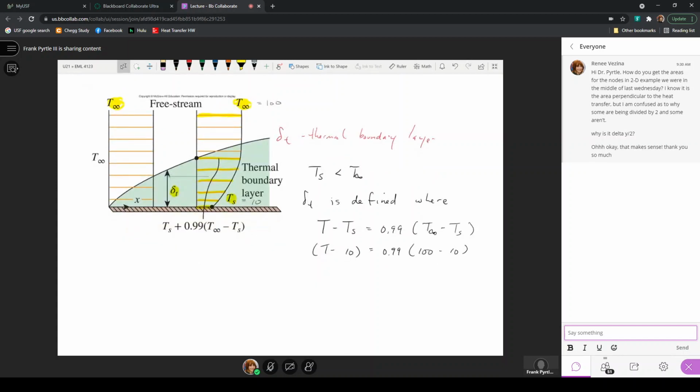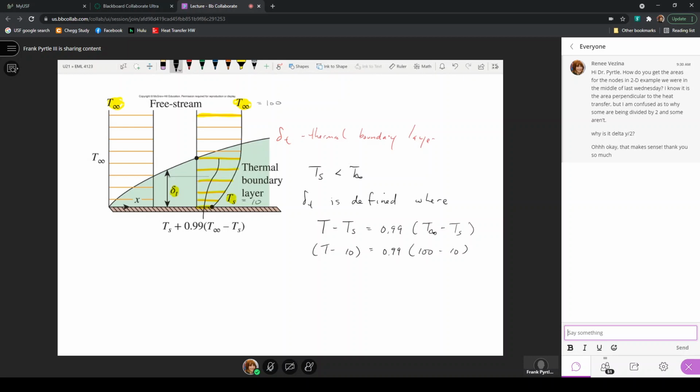So these are considerations of the physical quantities associated with heat transfer analyses. We have to take these into account because the heat transfer coefficient is just that. It's a coefficient, not a property. We also define a relationship between the thermal boundary layer and the hydrodynamic or velocity boundary layer.